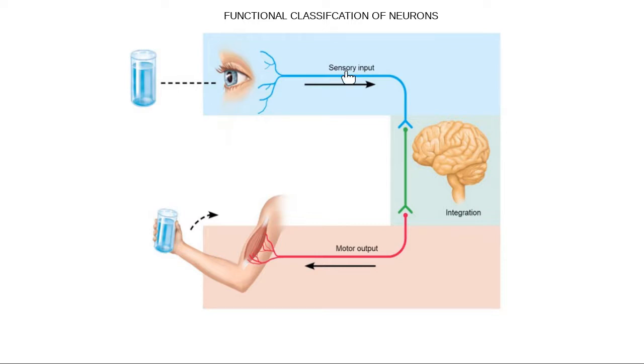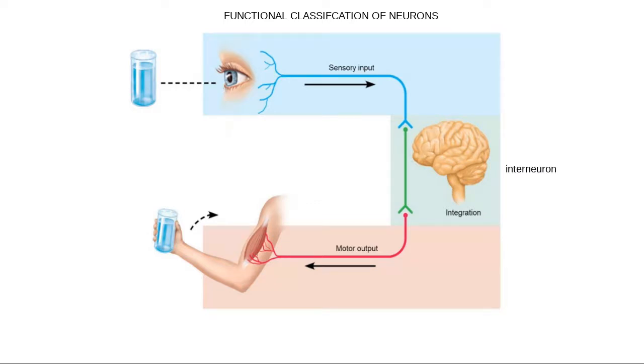They don't know what it is that they're collecting. They just collect it. That information is sent to our next kind of neurons, the neurons that do the process of integration.